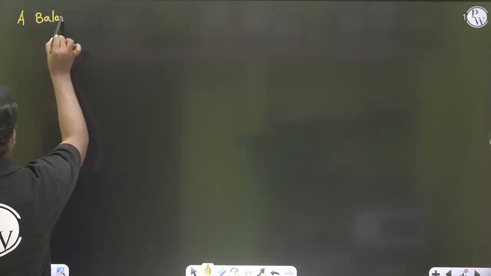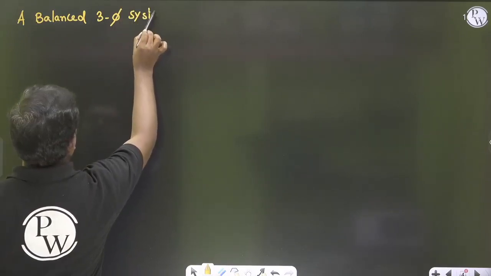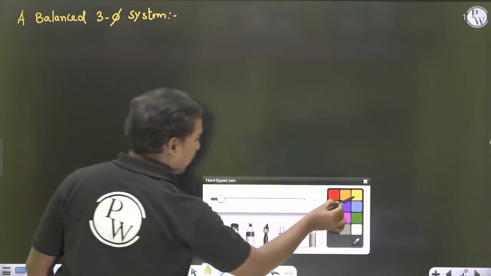A balanced three-phase system means what it is having?